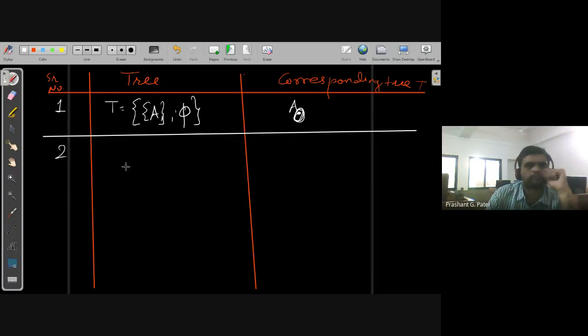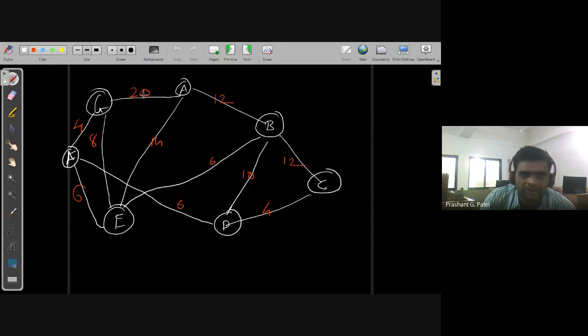In second step, now you have to find out a minimum weight adjacent to A. So what is the minimum weight adjacent to A? There are three weights, 12, 14, 20. Out of these three, 12 is the minimum one. So we have to pick 12 from here.